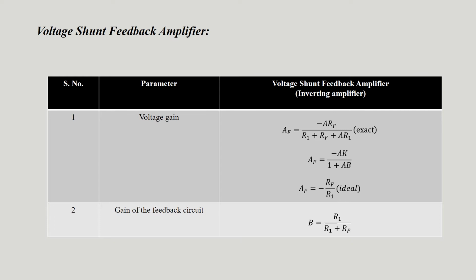So up till now we talked of voltage gain, that ideally it comes out to be minus Rf upon R1. We also talked about the gain of feedback circuit, which is B and is calculated as R1 over R1 plus Rf.